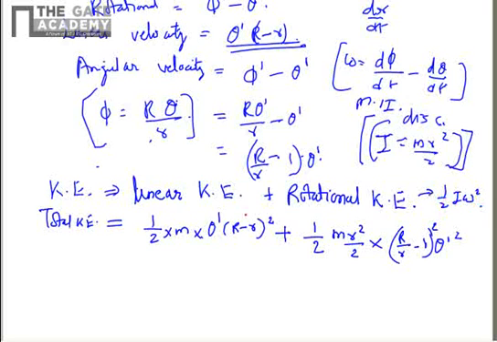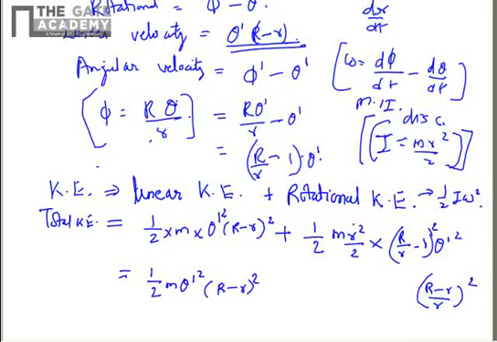If you simplify this expression and take the common things out, you will get half m theta dash square out, and you can take (R minus r) whole square also out, and here you will have (R minus r) by small r whole square.